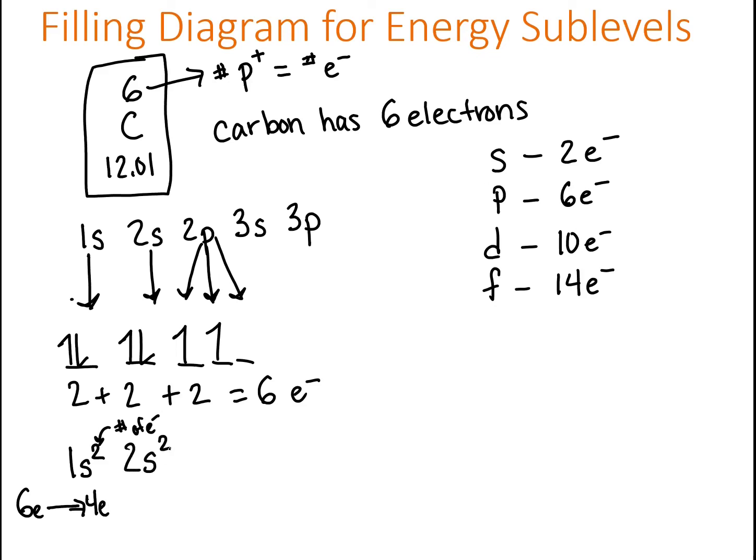I fill up my 2s with another 2 electrons. So now I've got 2 electrons to place. I put those other 2 into the 2p. And now I've got 0 electrons left. So the configuration is 1s2, 2s2, 2p2.